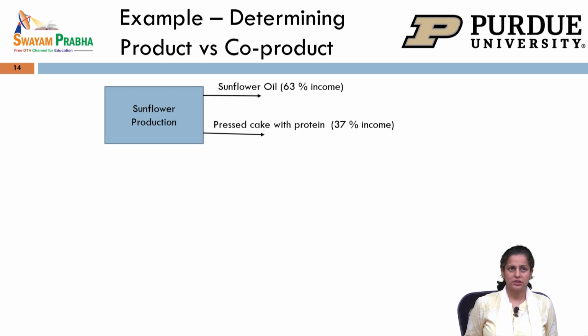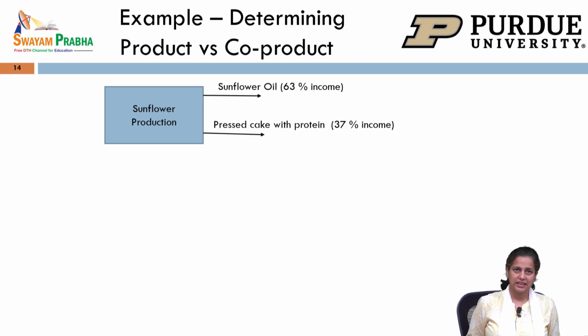This is a process for sunflower production, and from the sunflower oil production, you basically have the input of sunflower, you extract sunflower oil, and as a co-product we get the roughage, which is the pressed cake, which has mostly the protein. Since sunflower oil is the high value product, which is the 63% income for this producer, that will be the determining product for this process.